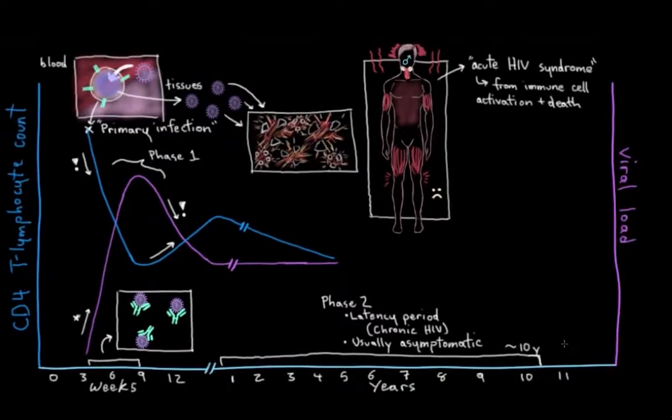And I said that our curves here stabilized, right? But it turns out that HIV is actually replicating and killing our immune cells just a teensy little bit more than our CD4s are recovering. So over this long period of time, phase 2, eventually, again, without treatment, HIV will start to overwhelm our immune system and we'll start to see symptoms again.